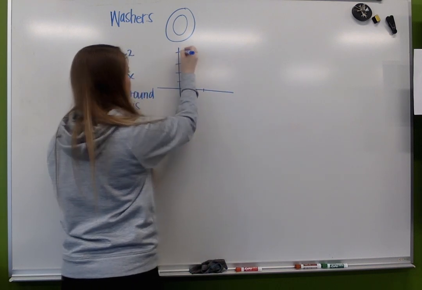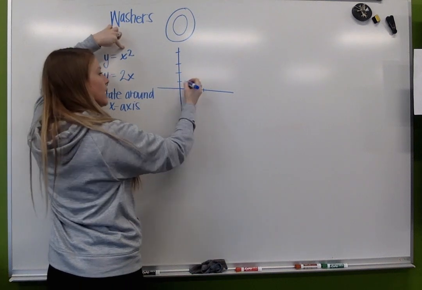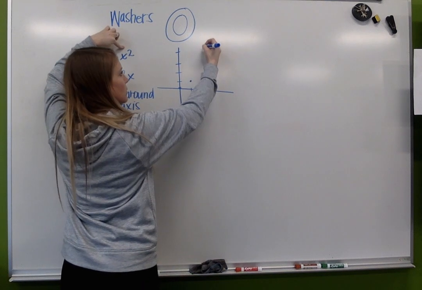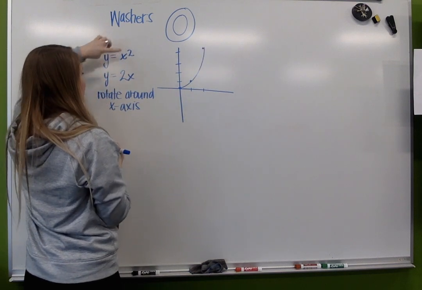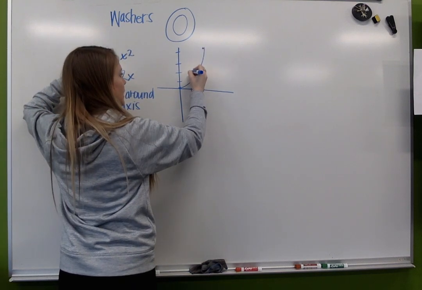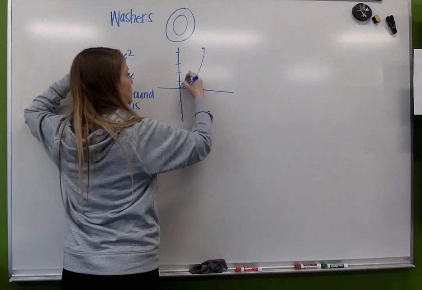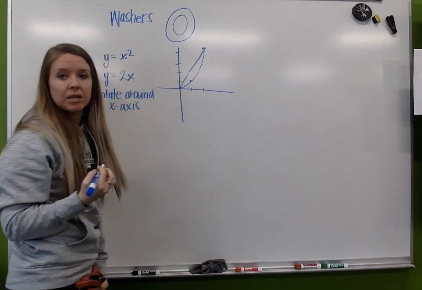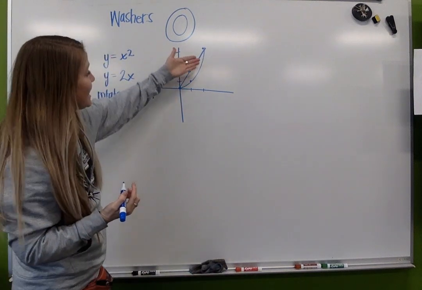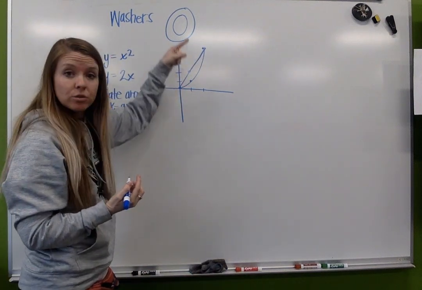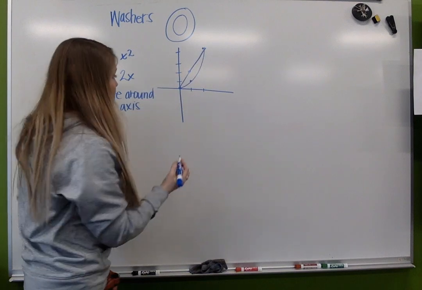So I'm first going to graph my x squared, which is going to give me this graph, and then my y equals 2x, which is going to give me this graph. So what I'm going to do is take this area and rotate it around the x-axis.